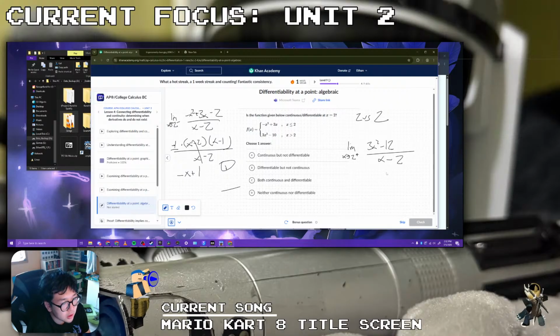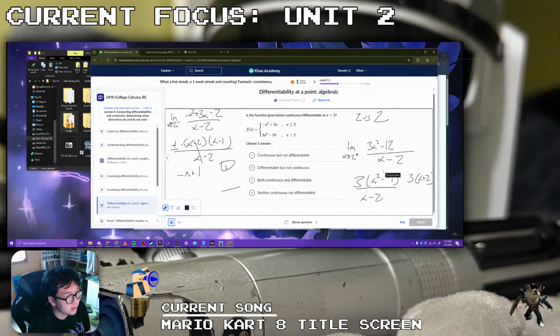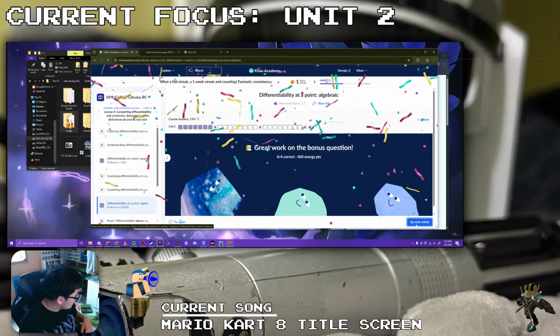Okay, this is a little more complicated. No, it's not, actually. So we're going to take out a 3, x squared minus 4, minus 2. Just hang with me here. It's going to be 3x plus 2. Alright, plug in 2. We get 12. Not the same thing. So it's continuous, but not differentiable. Boom.